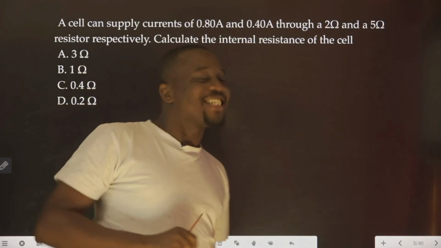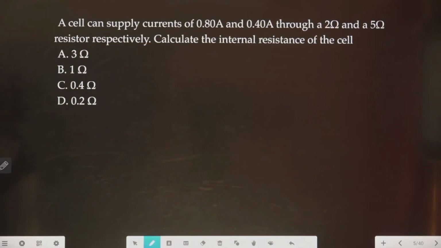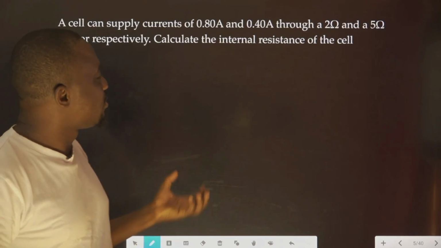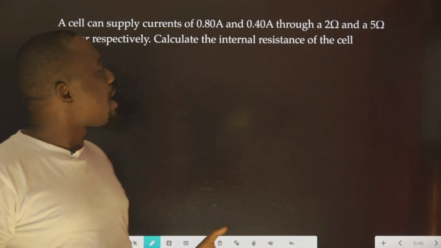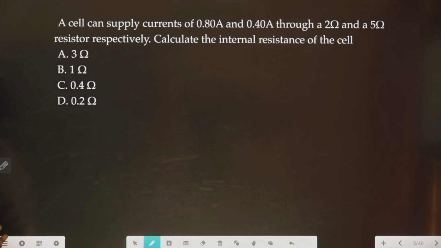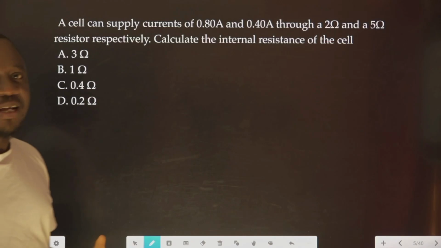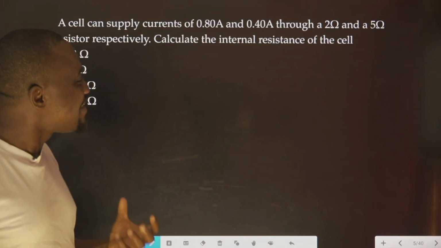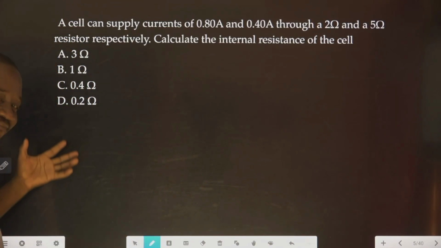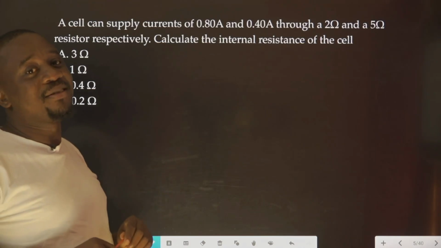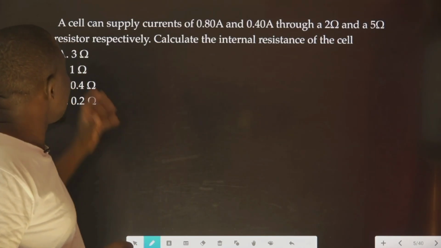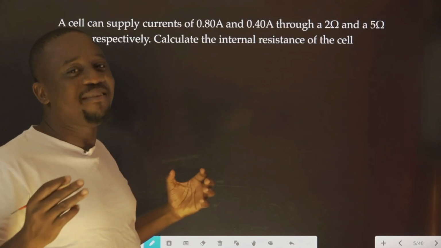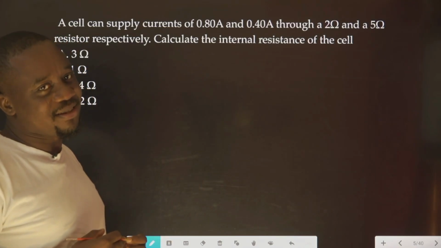Let's look at this. It says, a cell can supply current of 0.80 amps and 0.4 amps through a 2 ohm and a 5 ohm resistor respectively. Calculate the internal resistance of the cell. One thing you should know is that when you have a cell, they always have internal resistance.